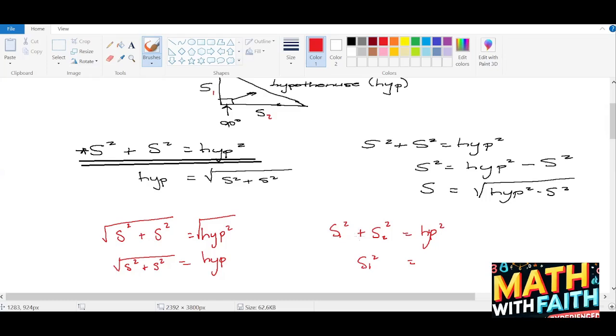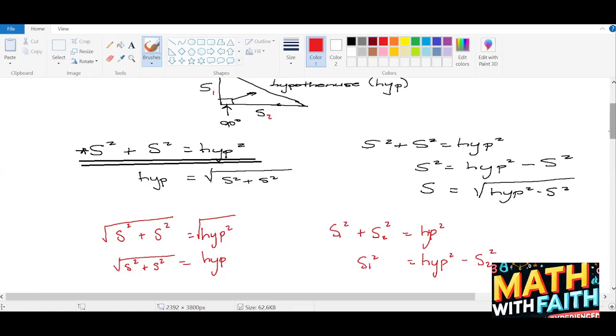Right now, side 2 squared is being added. So I have to take it away from this side in order to remove it. And if I do it on this side, I must do it on the other side. So hypotenuse squared is minus side 2 squared, right? So side 1 squared is equal to the hypotenuse squared minus side 2 squared.